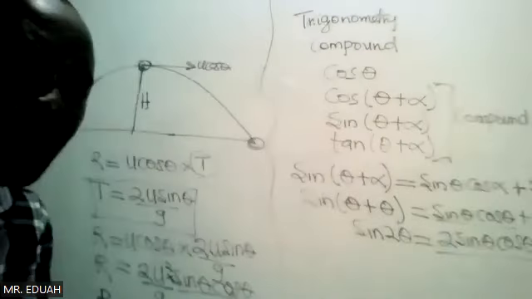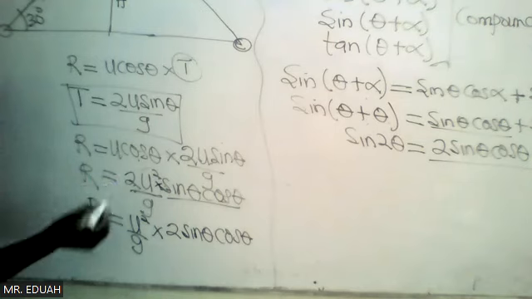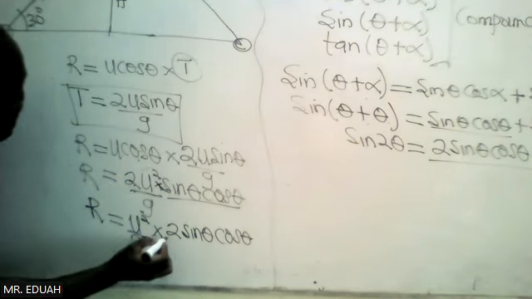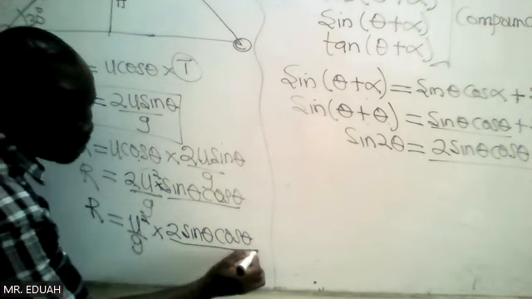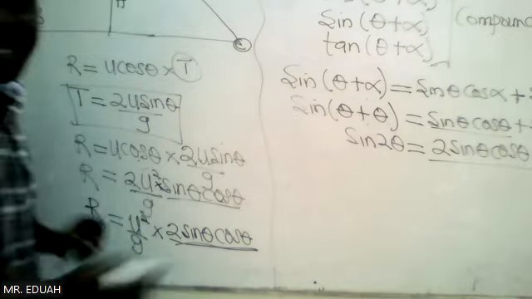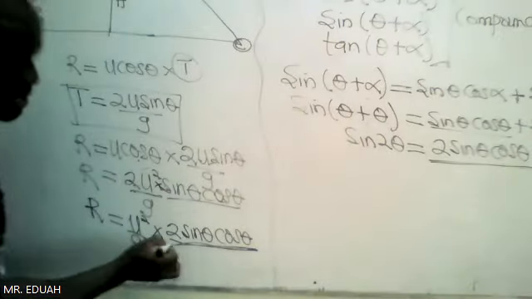Now, let's look at our range formula. We got the range to be equal to u squared over g times 2 sine theta cos theta. What is here is the same as what we got here. So in place of this, we can put this.